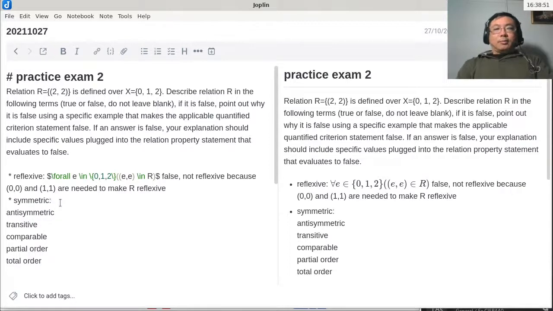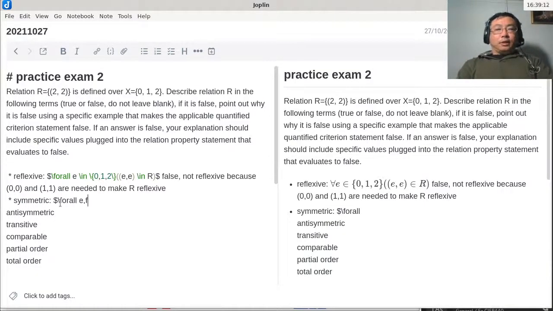So with symmetric, what is the definition for R to be symmetric? Let's go ahead and take a look at the definition of being symmetric. So now we say we have to pick two things. Well, I shouldn't say pick two things. We have two variables that are both universally quantified.